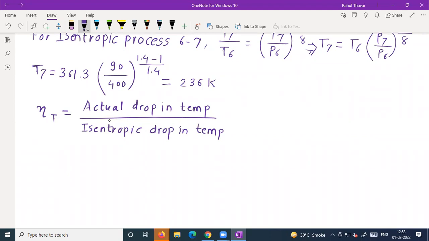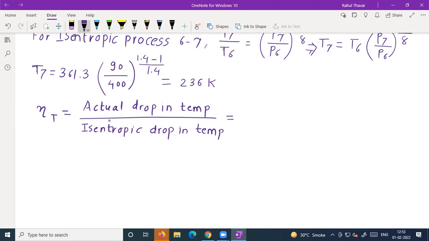That's why isentropic is taken in the denominator, and the actual, being less, is taken in the numerator.